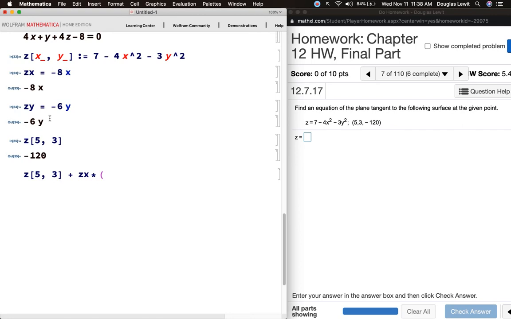They're just definitions, the way that I'm using them in Mathematica right now, so it's okay. So that's going to be x minus 5 plus zy times y minus 3.